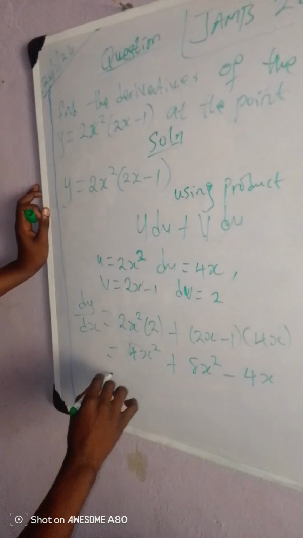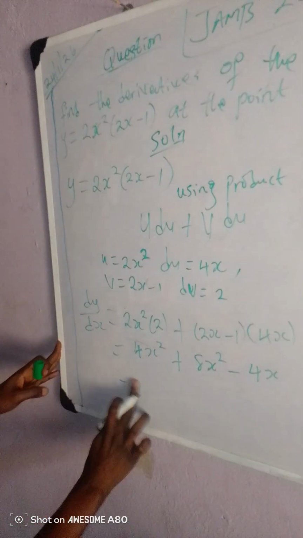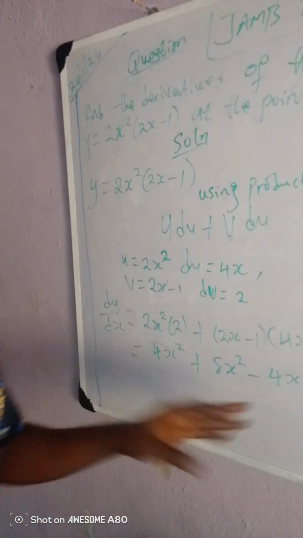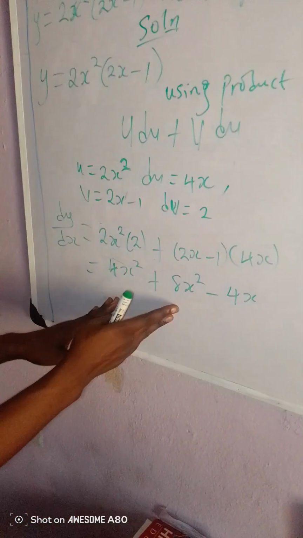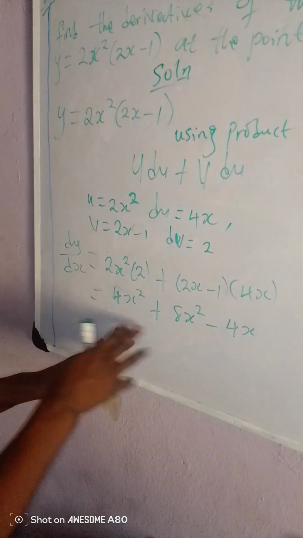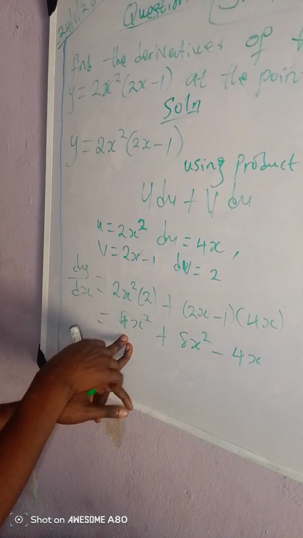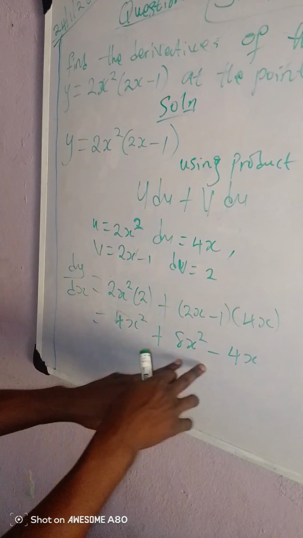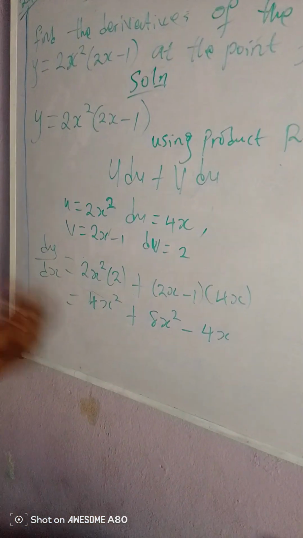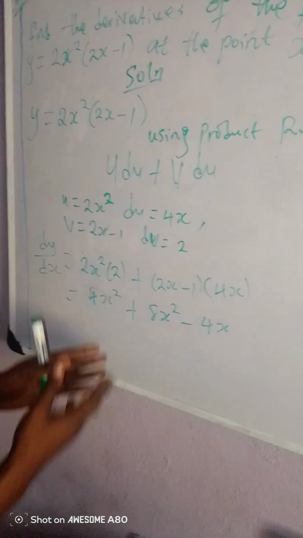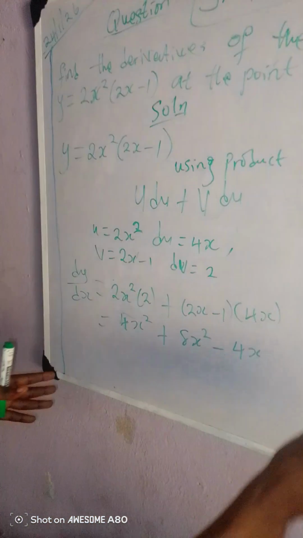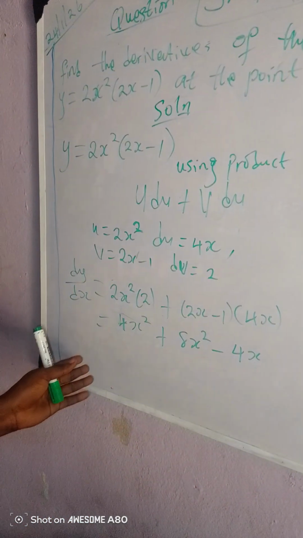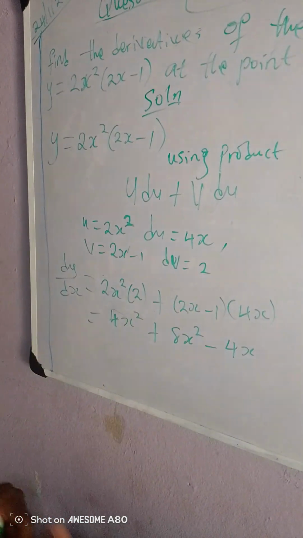Now, let's proceed. But remember, after this, you can collect like terms. If you decide to collect like terms now, you have 4x squared plus 8x squared. If you decide to say at x equals minus 1 and just substitute and write out your final answer, no problem, you still have the same thing.